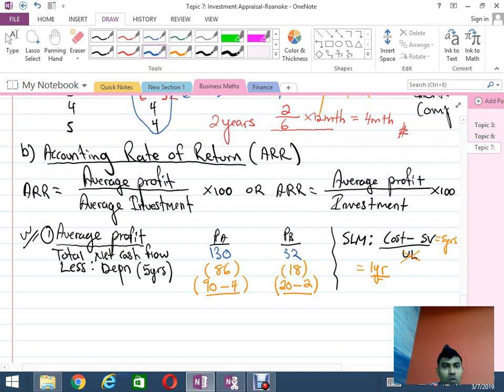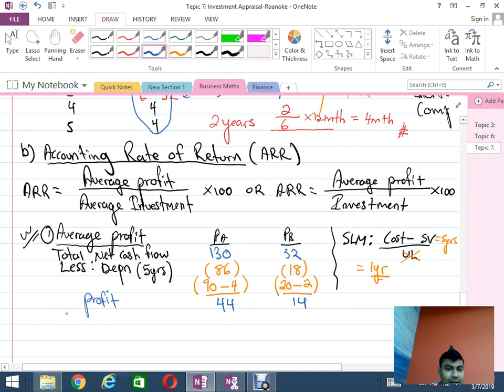That will give you profit. So 130 minus 86, you get 44. 32 minus 18, 14.